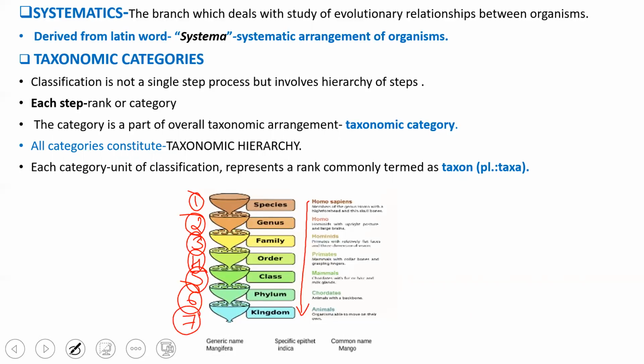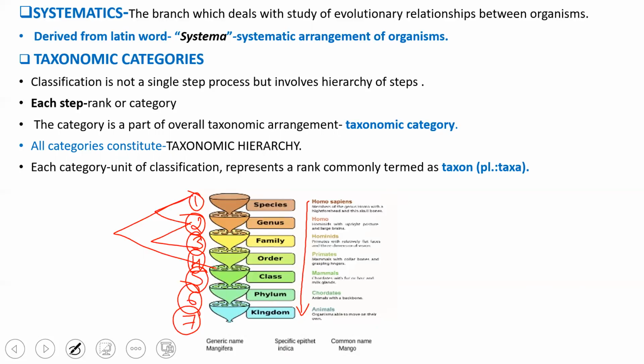These categories play a very important role in arranging any organism in a systematic manner. Systematics, the branch of science which deals with the systematic arrangement of organisms, says the relationship between the species and genus, the genus and family, the species and family, and it goes on, helping us understand more about the systematic arrangement with regard to evolutionary relationship.